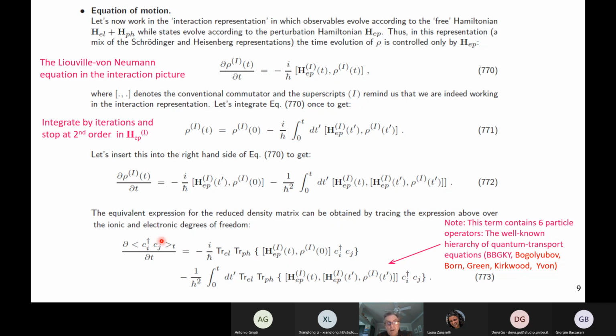So the point is that we start from trying to derive an equation of motion for a two particle thermal expectation value or ensemble average over the phonon degrees of freedom of our electron states, but we end up with an equation which has additional terms. So this is a hierarchy that you find in every expression that you find trying to solve perturbatively equation of motion for quantum transport. It has a complicated acronym, BBGKY, from the name of people who independently approached the problem.